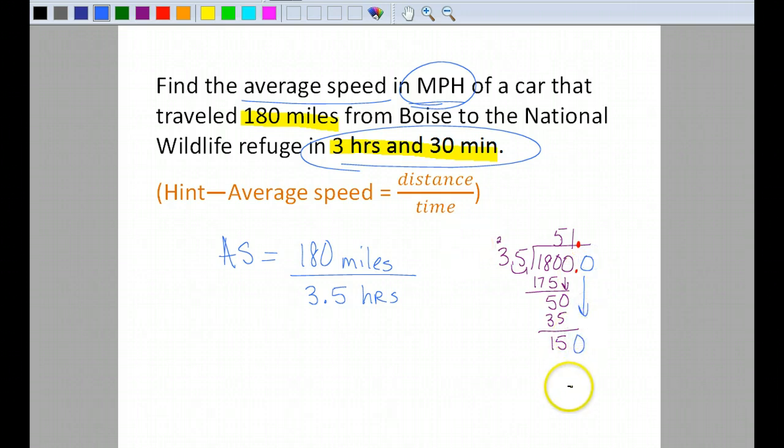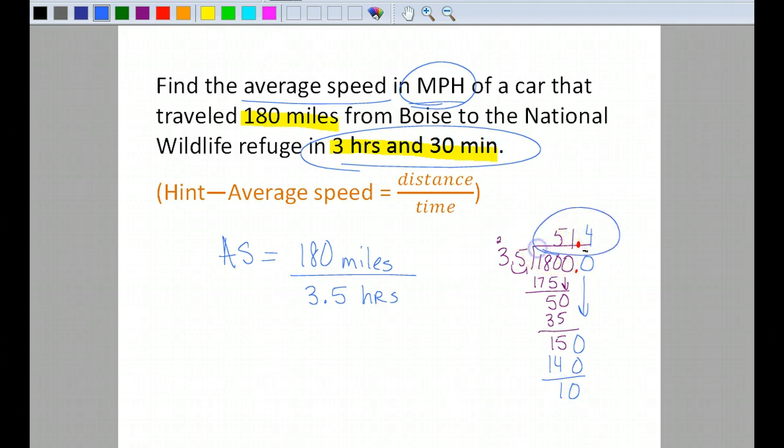How many times does 35 go into 150? Well, I'm going to try 4. 4 times 5 is 20. 3 times 4 is 12 plus 2. That gives me 14. I have a remainder of 10.